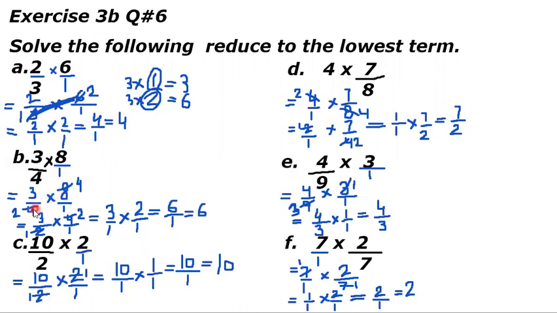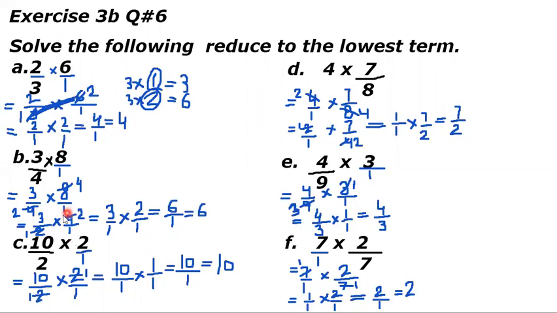So we will cancel 4 and we will write 2, because 2 times 2 is 4 and 2 times 4 is 8. We are dividing 4 by 2 and we are dividing 8 by 2. When we divide 4 by 2, it gives us 2, and when we divide 8 by 2, it gives us 4.